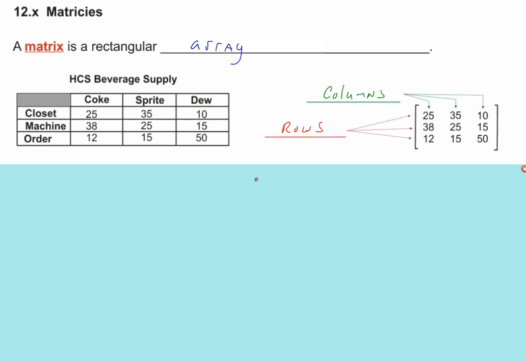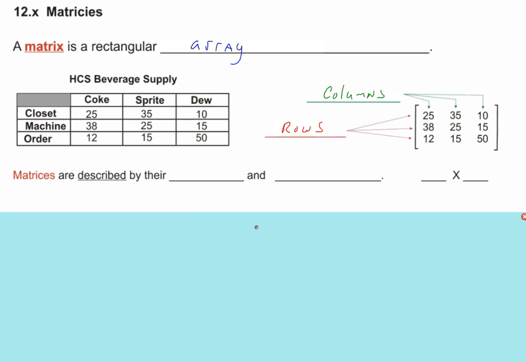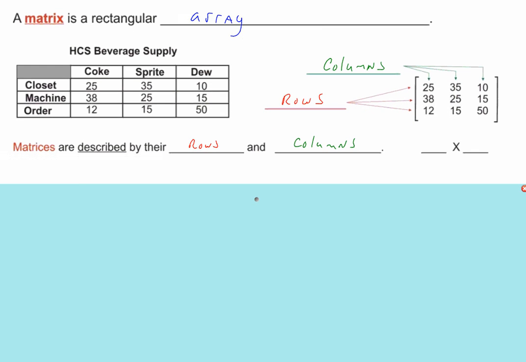So we have 3 rows to this, and we have 3 columns. Matrices are described by their rows and columns. Because we have 3 rows, we have a 3, and because we have 3 columns, we have a 3.